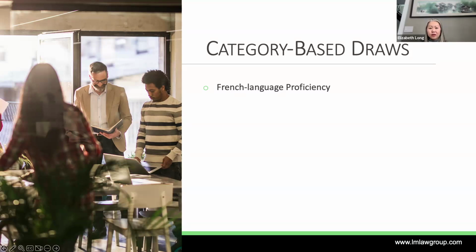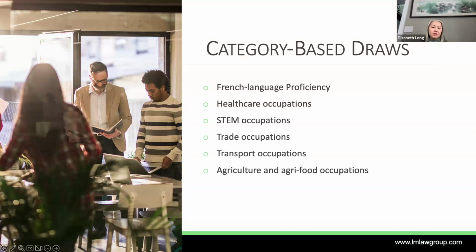So if you're fluent in French, you could be invited to apply for that. And then they have all these other occupations that are listed. And I put the link to the list here, where if you have at least 6 months of work experience in the last 3 years in one of these occupations, then when they have the draw for those occupations, you may be selected.